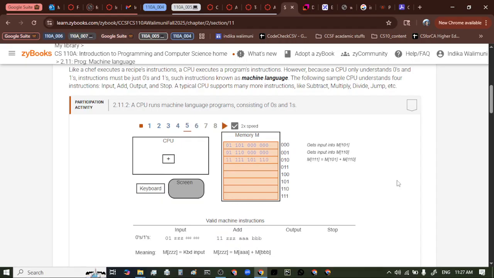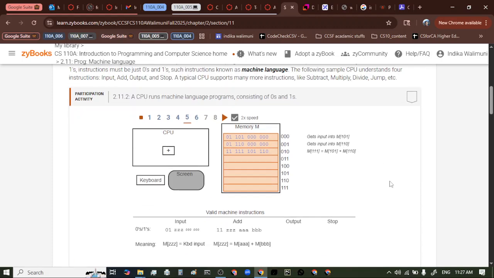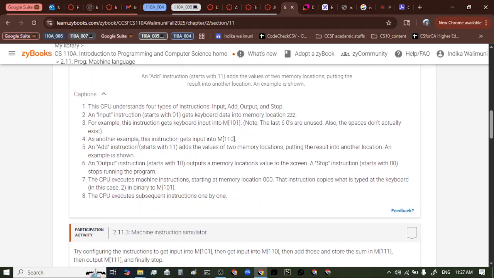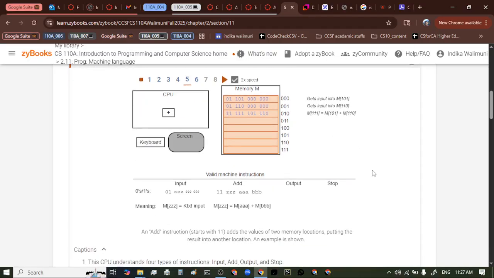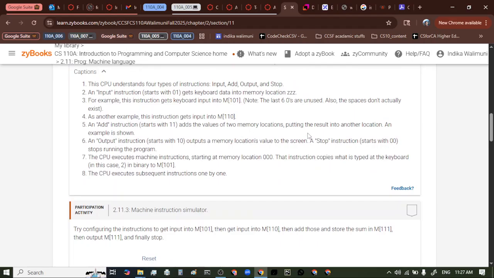All right. And now we are summing up. You can read the whole process over here. Adding, the instruction is 1, actually add. That's why it starts off with 1. And then the next step.